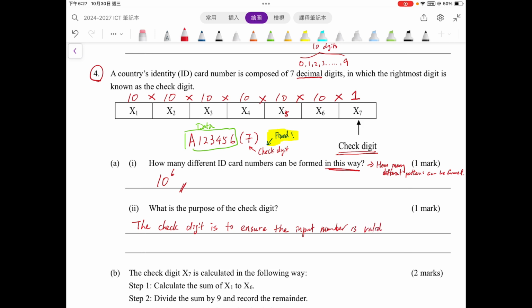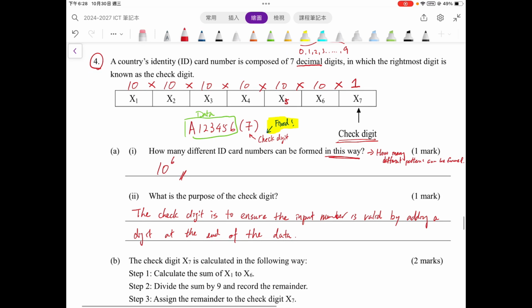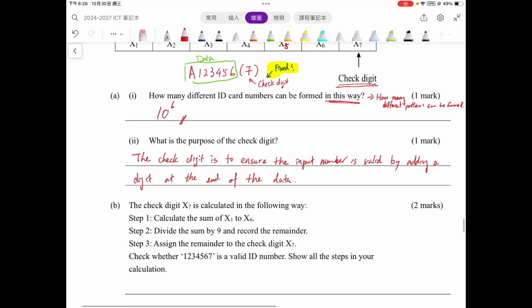And of course, you can also talk about the method by adding a digit at the end of the actual number or the data. So you can write it in this way.